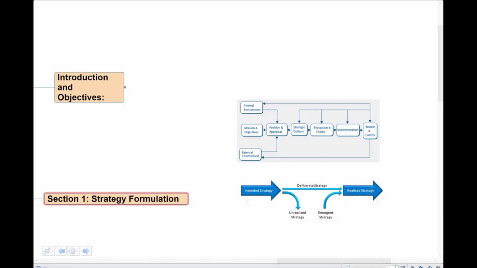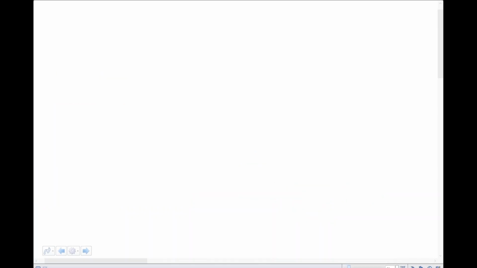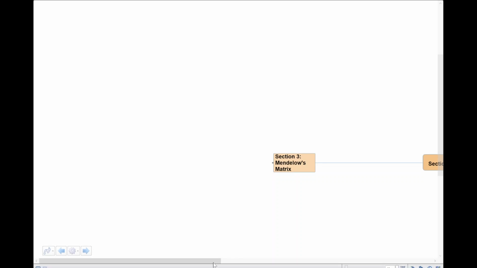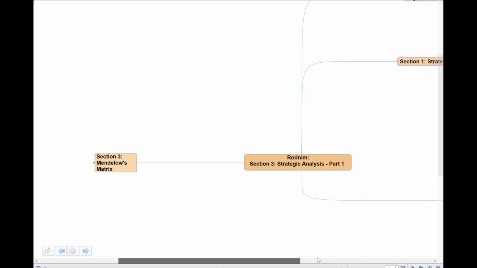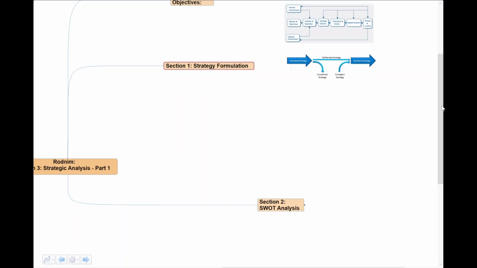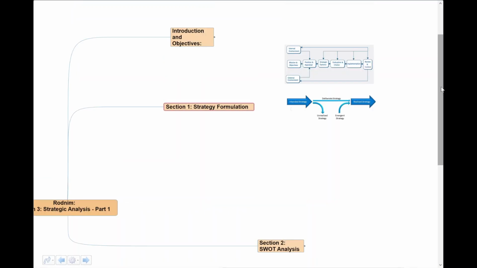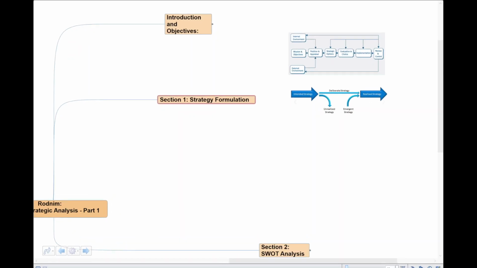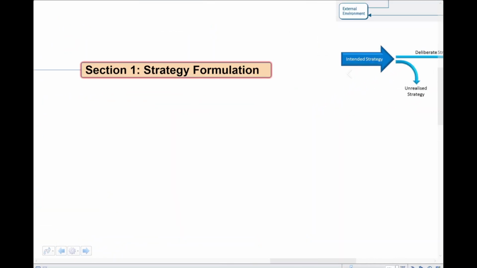Now I'll make this a little bit bigger so you can see it depending on what device you're actually watching this video on. That's a little bit too small, my apologies. Let's move it across. Now, you'll recall what I said about strategy. Now, we know that this area of strategy is an important element.